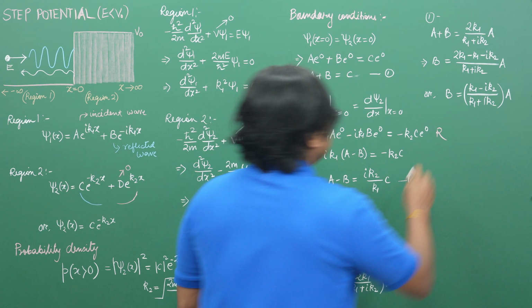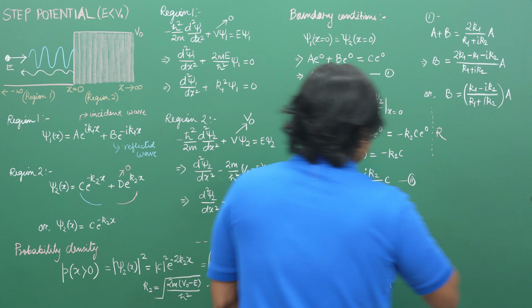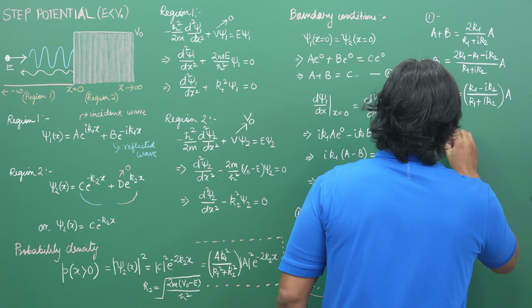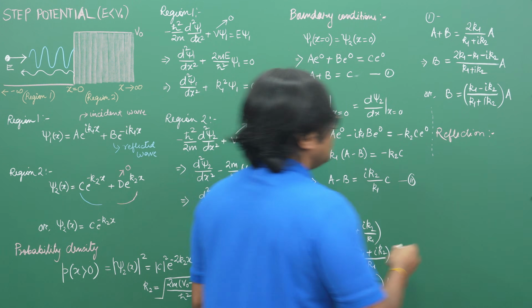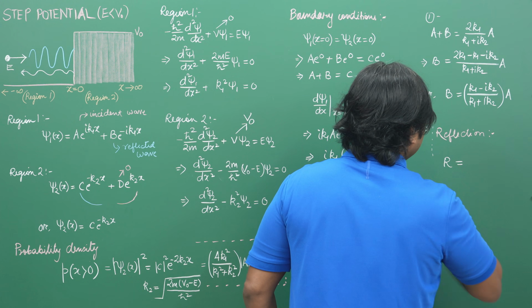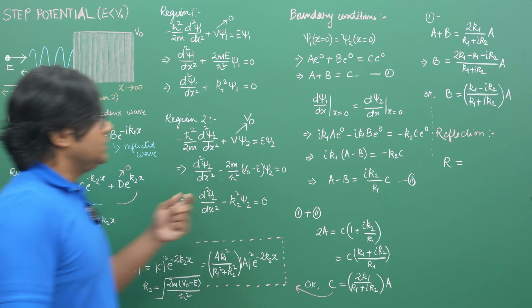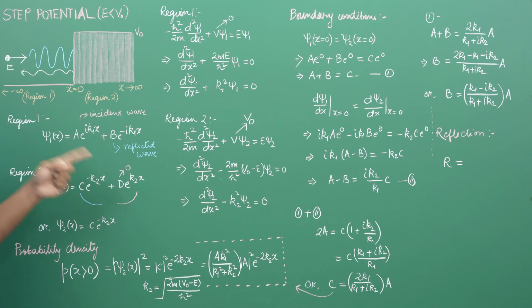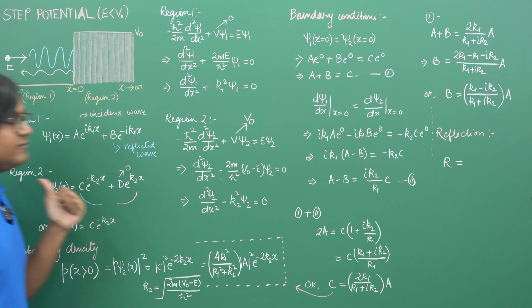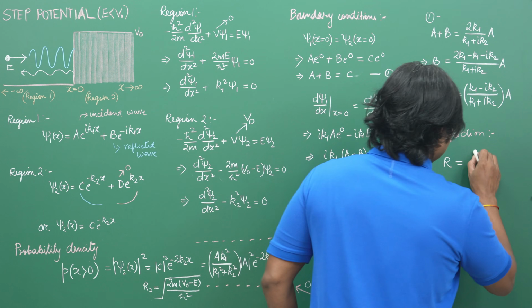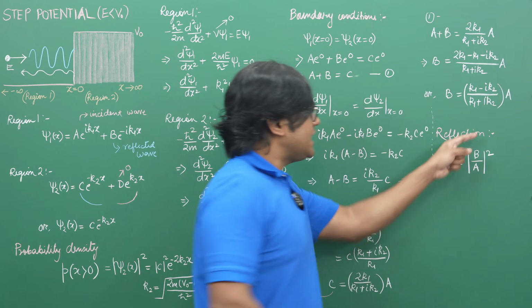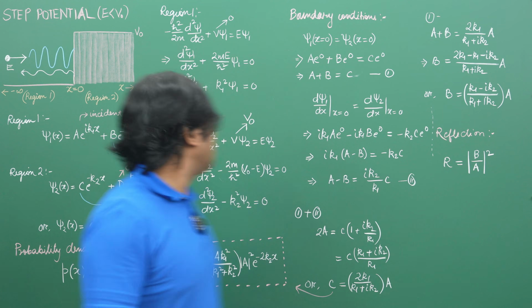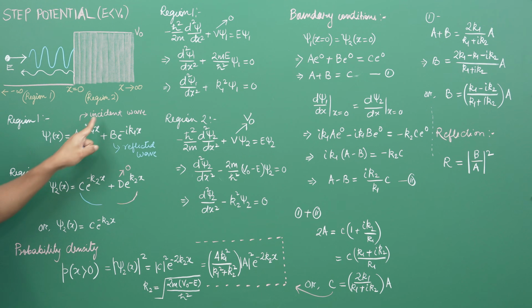The reflection coefficient comes out to be R is equal to the probability current density of the reflected wave upon the probability current density of the incident wave, which comes out to be B upon A mod square. So this is the ratio of the coefficients B and A, which are the constants associated with the reflected wave and the incident wave.